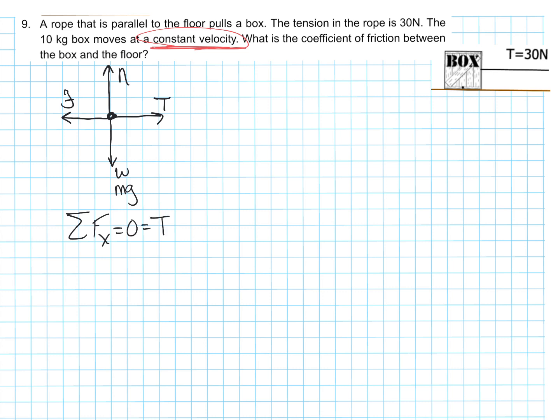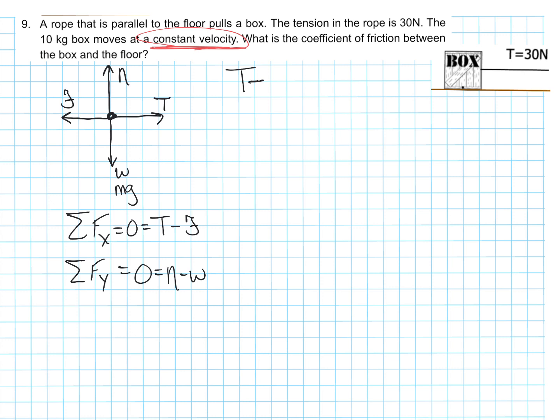And I'll say all the forces pointing to the right minus all the forces pointing to the left. That makes this easy. Next, I'll sum up the forces in the y direction. And that's equal to, again, 0 because it's not changing speed in the vertical direction or the y direction. And I'll say all the forces going up minus all the forces going down. Great. Now when I look at this, that only gives me two equations, and they really don't connect to each other, on face value at least.